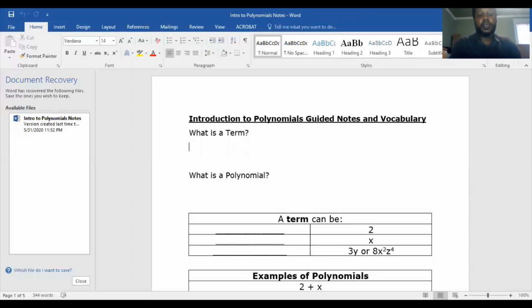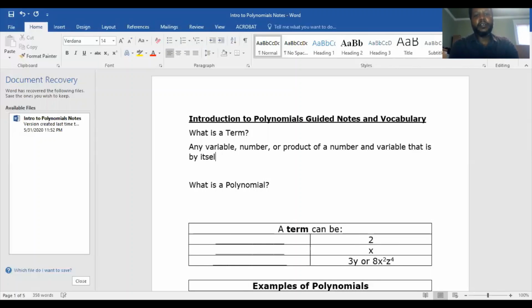So a term is any variable, number, or product of a number and variable that is by itself.